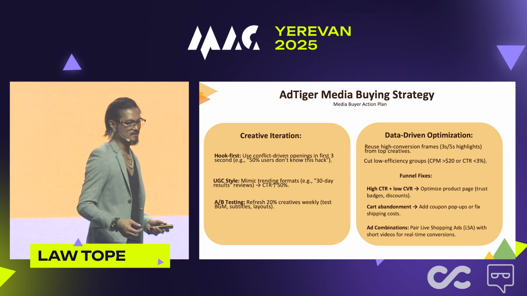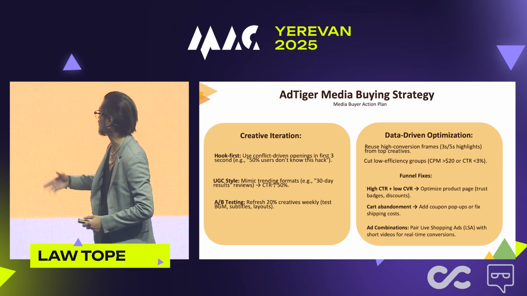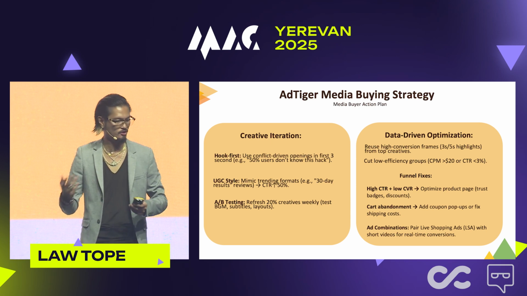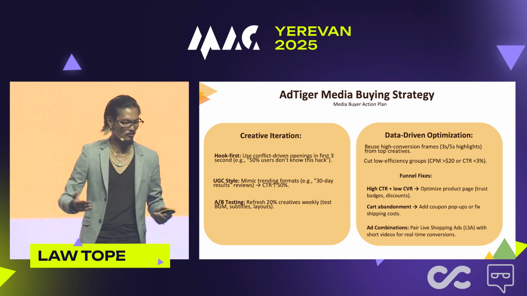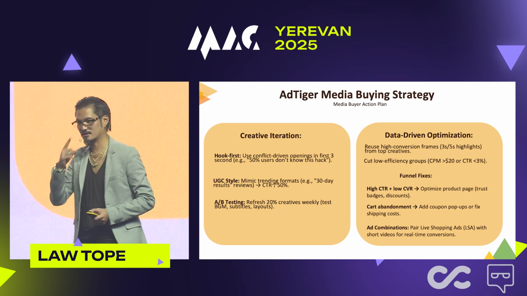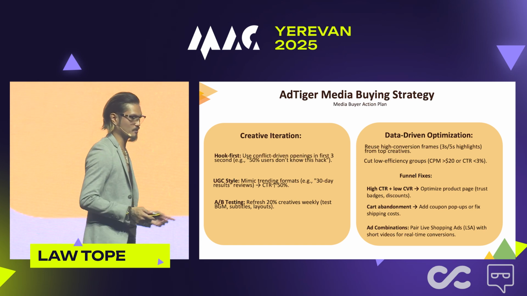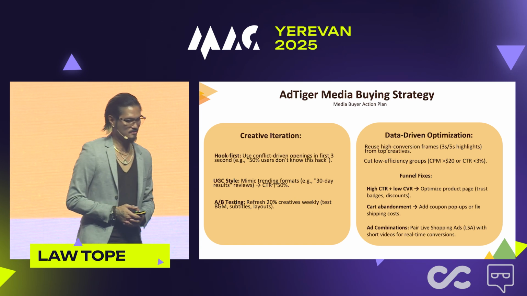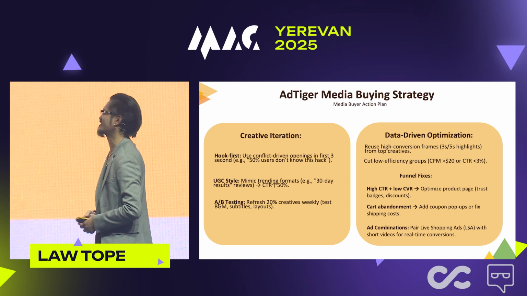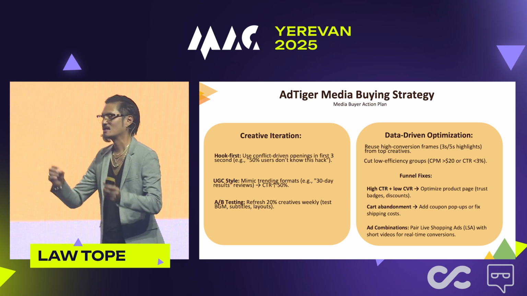If you want to do UGC style videos, just mimic the trends. The trends are always changing. That's why it's called a trend, right? So just as an example, 30-day results reviews will increase your click-through rate by 50%. A/B testing: you need to refresh 20% of your creatives weekly.